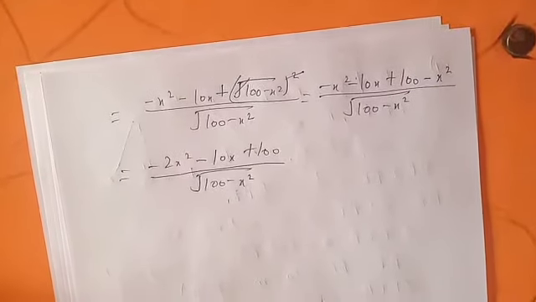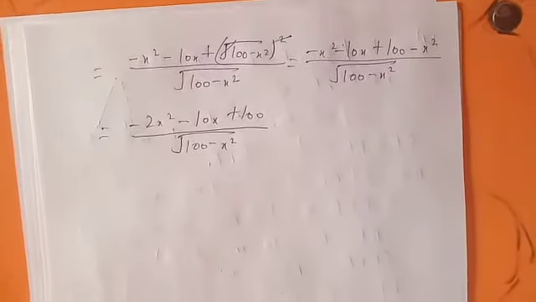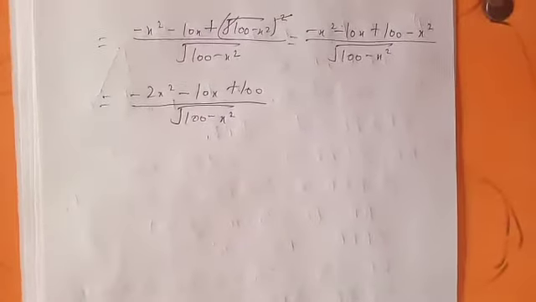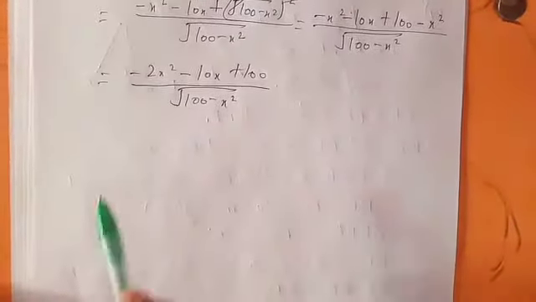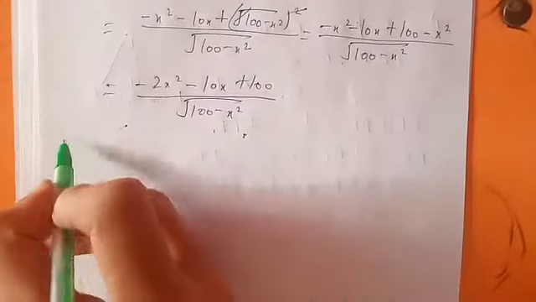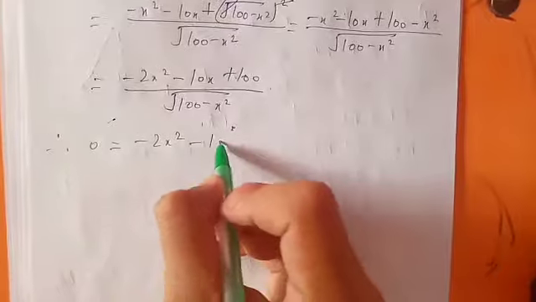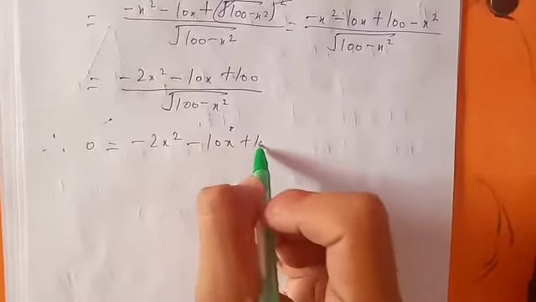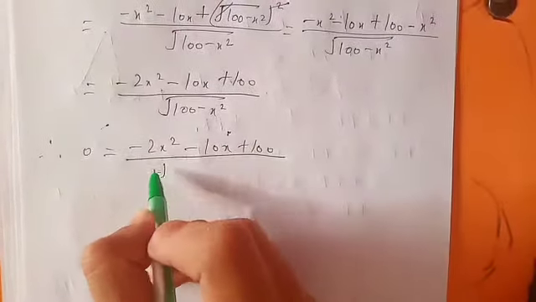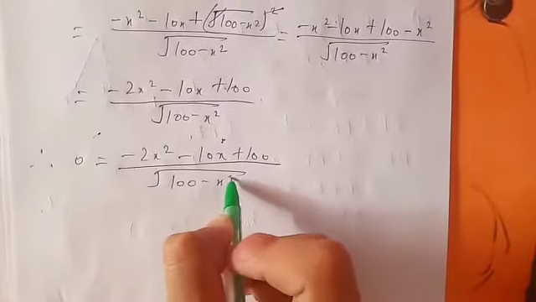Now to find maxima or minima at any point, we need to keep its first derivative equal to 0, and it is our first derivative. Therefore 0 is equal to minus 2x square minus 10x plus 100 by under the root 100 minus x square.